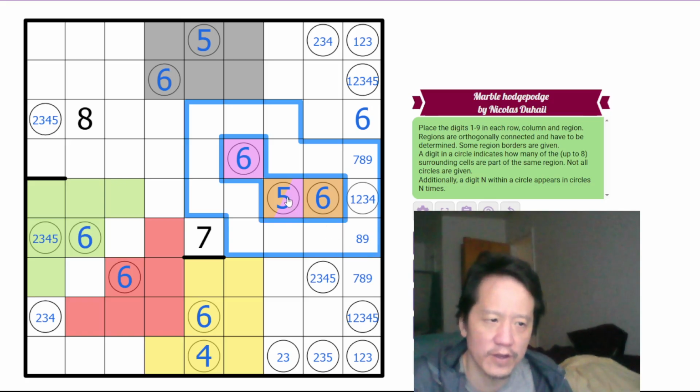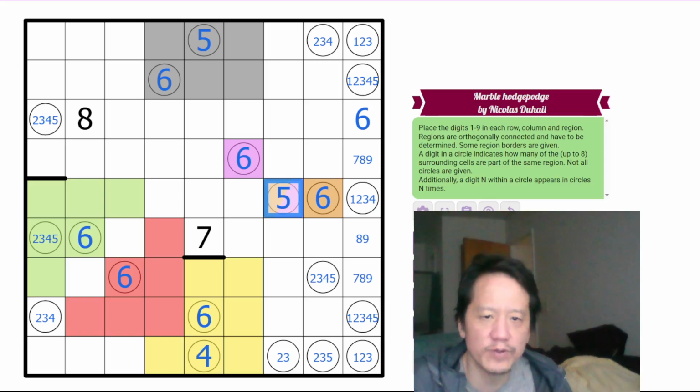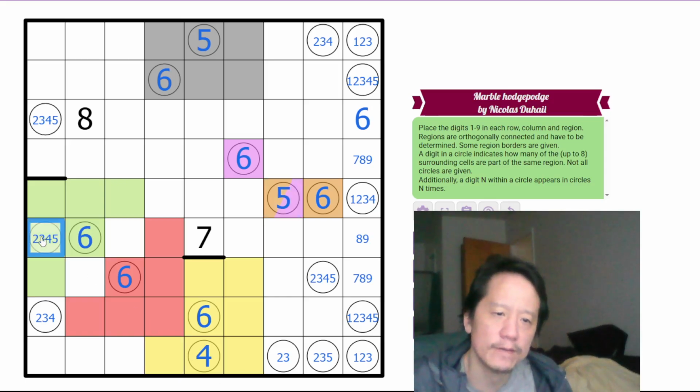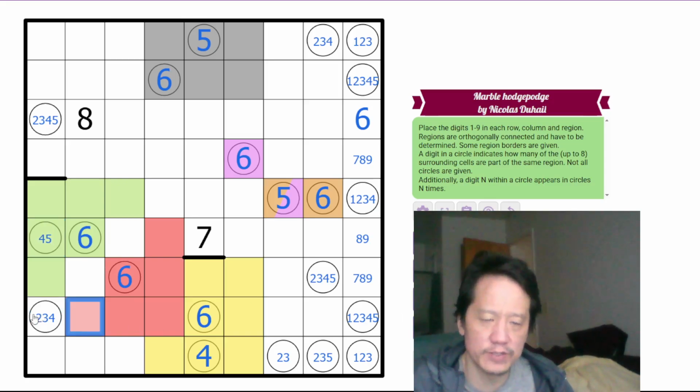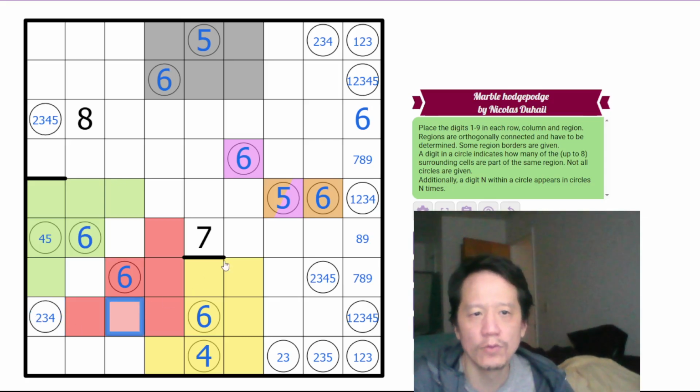So we have to have 5 be pink or orange. This has to be either 4 or 5. We don't know about this. That seems fine. Either this is 5 or this is 5.